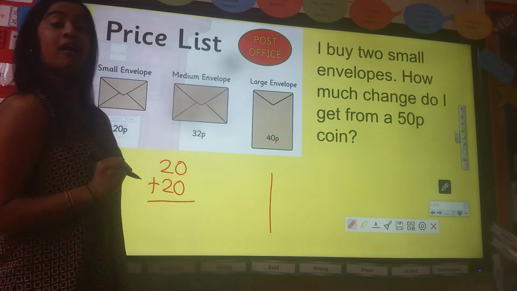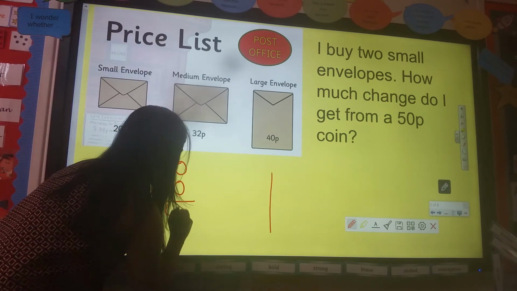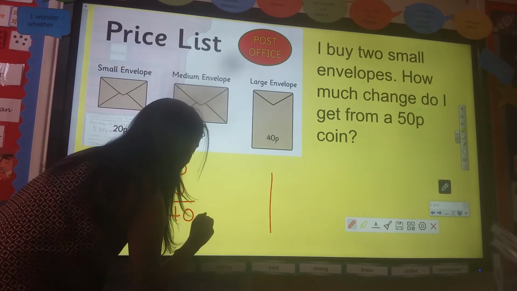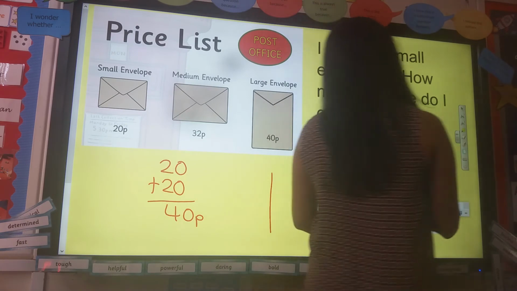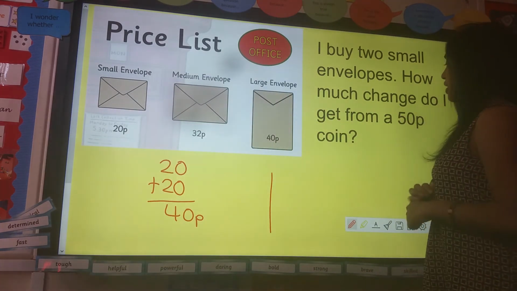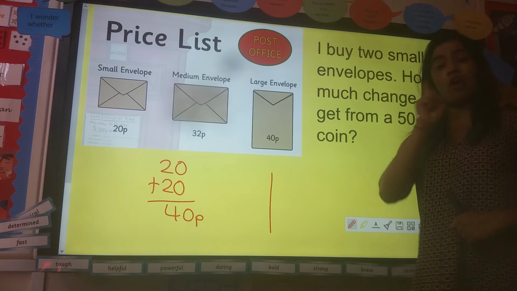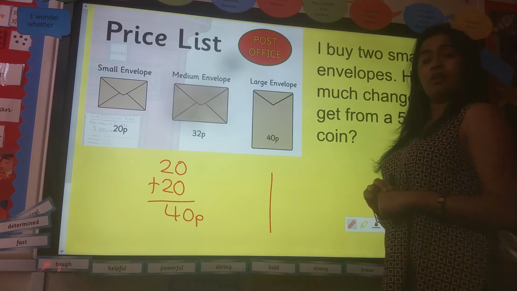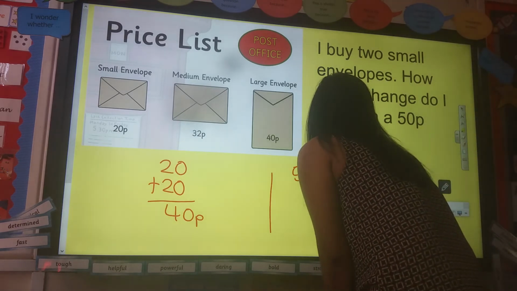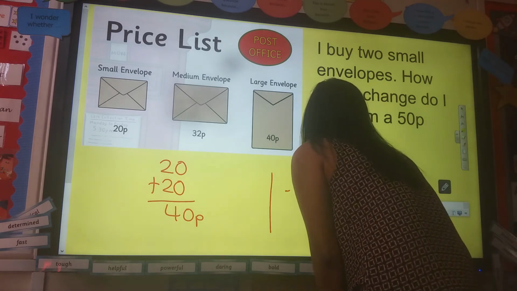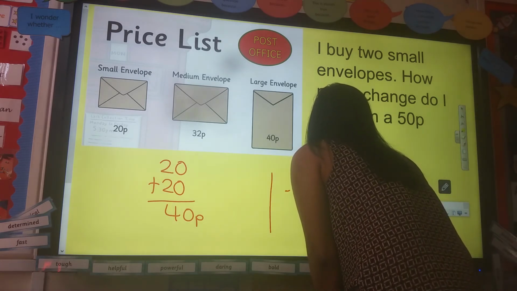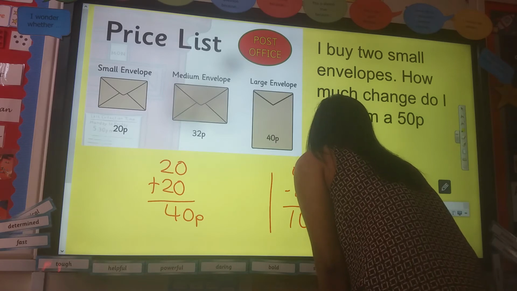My answer is, good, 40p. Well done. For my next step, I need to calculate how much change I get from a 50p coin. So now I need to do 50p minus 40p. Off you go. Are we ready? 50p minus 40p. We know my answer is 10p.